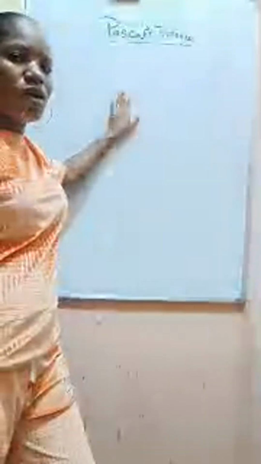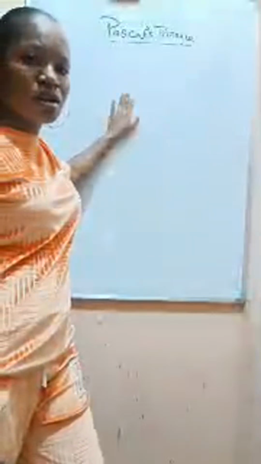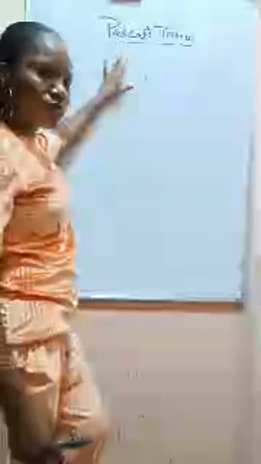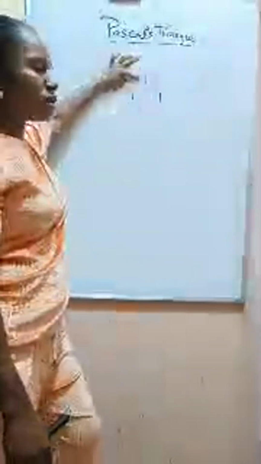Okay, then I will need you to confirm for me if you can see the write-up very well. Now, for the Pascal's triangle, in order to deduce it, that's what I'm doing now. You first of all write one, then you write one and one again.